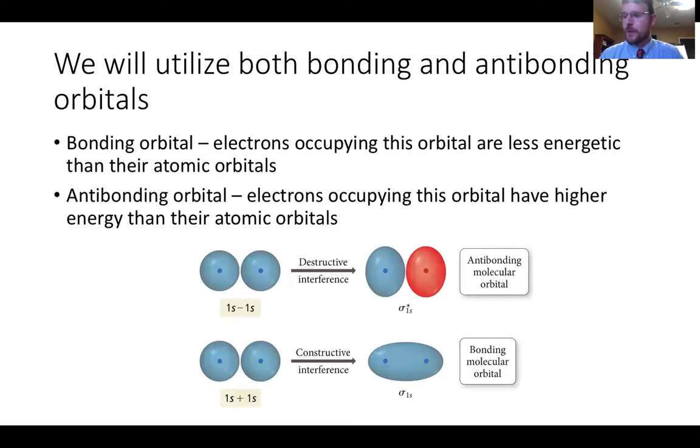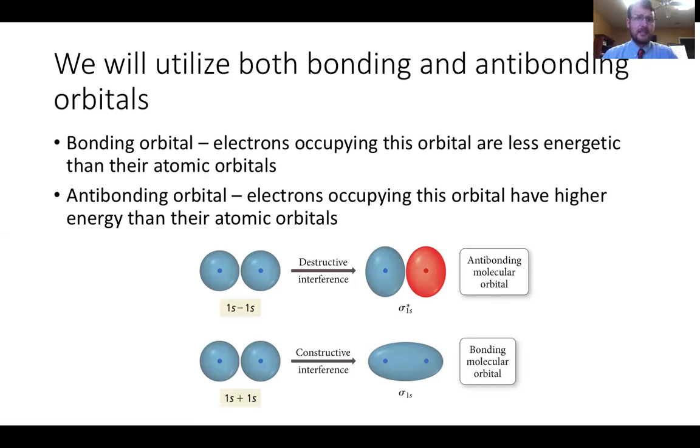And so what we're going to do is look at what's known as bonding and anti-bonding orbitals, right? The bonding orbital is where the electrons occupying this orbital are less energetic than their atomic orbitals. The anti-bonding orbital is more energetic than the bonding orbitals, or the atomic orbitals.